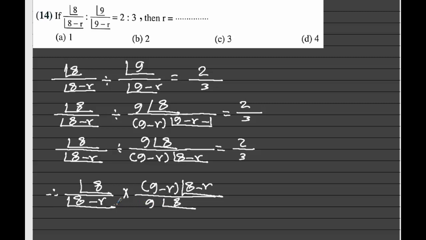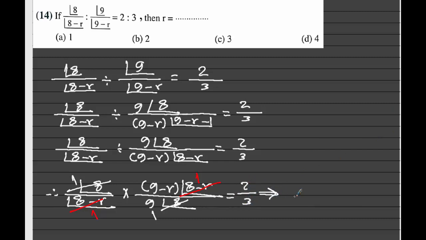Now we can simplify, dividing up and down by factorial 8. Here we have 1 and 1, and factorial 8 minus r cancels with factorial 8 minus r, all equals 2 over 3.